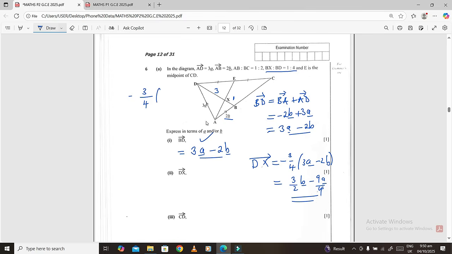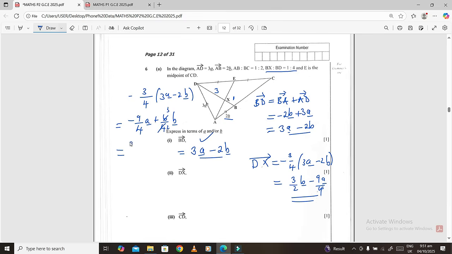Of the previous answer here of this BD, we know that it's 3A minus 2B. So now I just simplified by multiplying negative 3 over 4 times 3A, that is negative 9 over 4 A. Negative times negative gives us a positive 3 times 2, that is 6 over 4 B. So 2 into 6 is 3, 2 into 4 is 2.